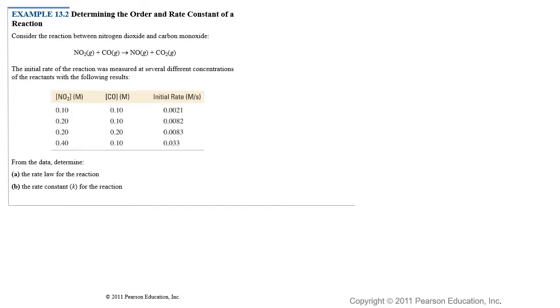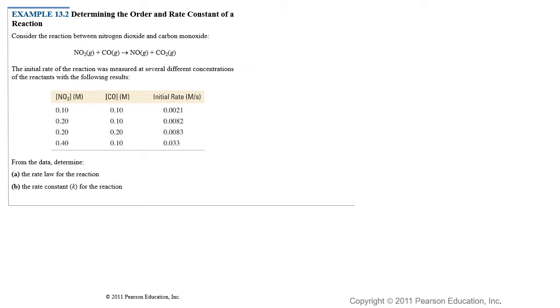Let's determine the order and rate constant for this reaction. We're going to look at nitrogen dioxide plus carbon monoxide, giving us nitrogen monoxide and carbon dioxide. There are a couple different ways that we can go about finding the order. One is by inspection. We compare two different experiments where the concentration is held constant for one of the reactants.